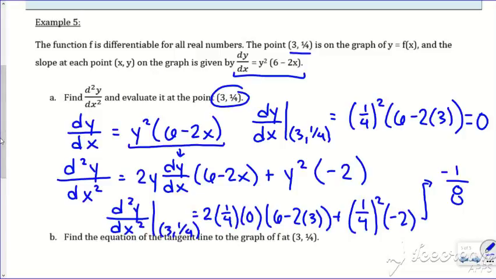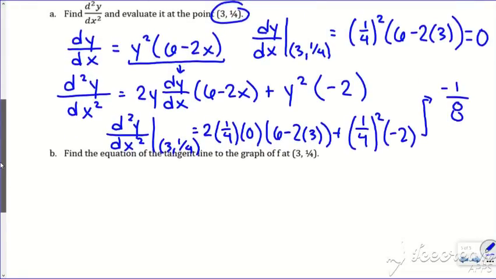Okay? So it was much easier than having to put this equation in here first and then having to do some algebra. It's nice if we know what the first derivative is at that point, to just plug that in. Okay? Second question though, a reminder, find the equation of the tangent line to the graph. This will show up a lot. Tangent line to the graph at that point.